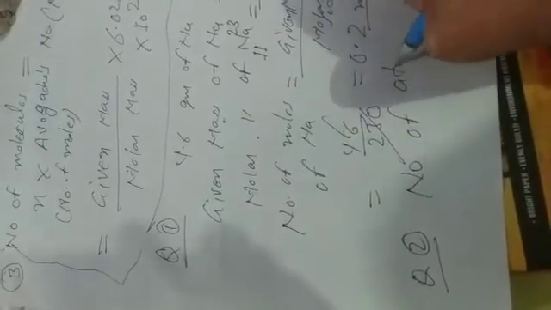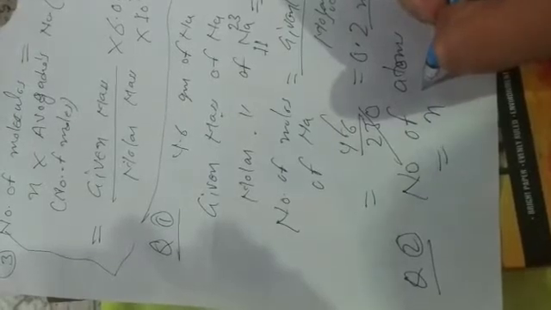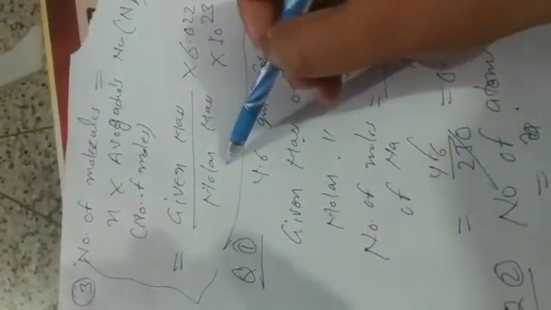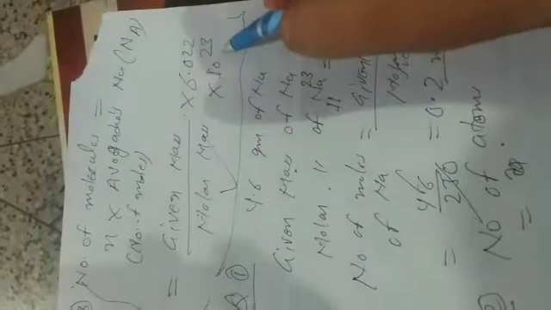Number of atoms is equal to number of moles n multiplied by Avogadro number. In this case number of moles is not given, so the second formula is used: given mass upon molar mass multiplied by Avogadro number.